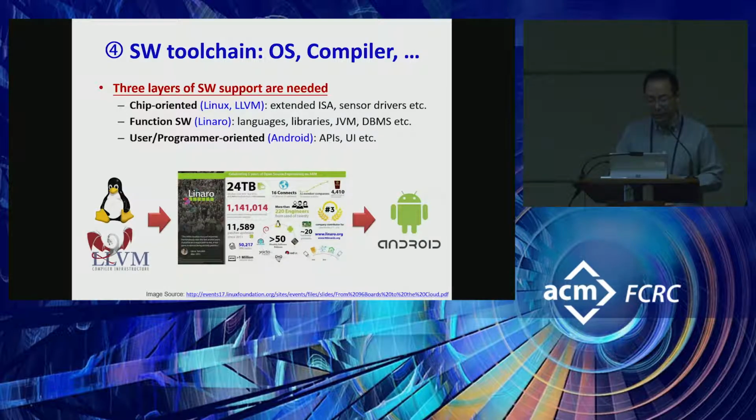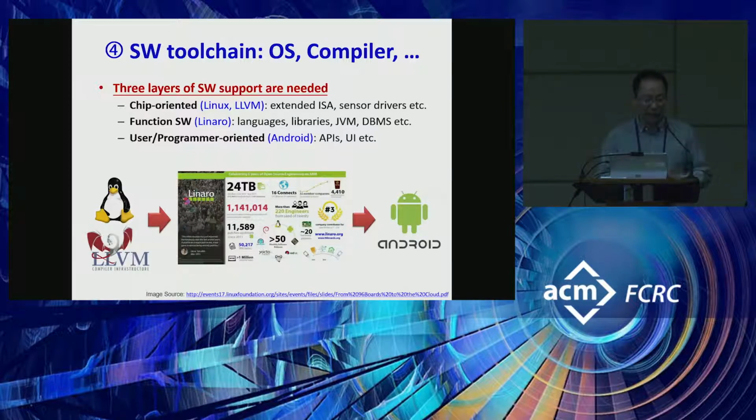Finally, it is about software tools. I think we need to pay attention to three layers of software support. One is chip-oriented, like Linux or the LLVM compiler, which needs to deal with extended ISAs, sensors or new hardware accelerators.